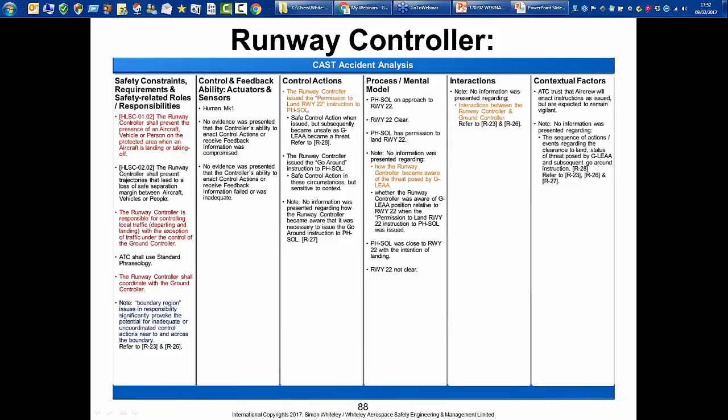But then there's no information regarding how the runway controller became aware of the threat posed by G-LEA and whether the runway controller was aware of that threat when they gave the permission to land to PH-SOL. And then again, there's no information with regards to the interactions between the runway controller and ground controller. And it's fundamentally important to understand that to really make an improvement to the system and prevent this kind of issue happening again.